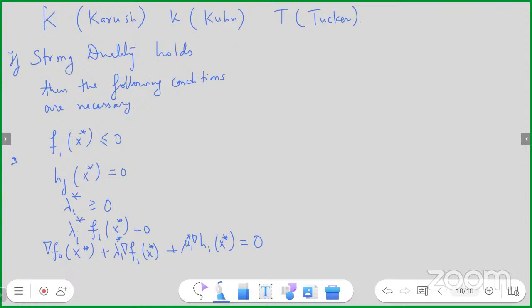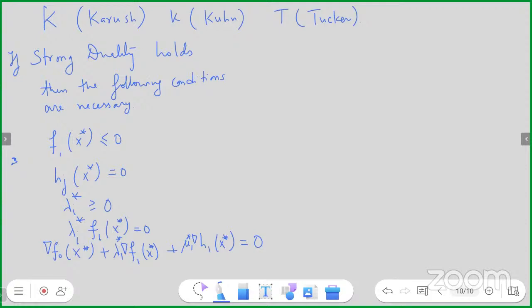So why is the final condition true? The gradient of everything. I'm taking the gradient of the L. But why is the minimum at lambda star and mu star?